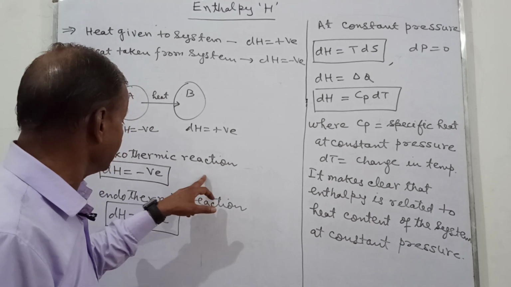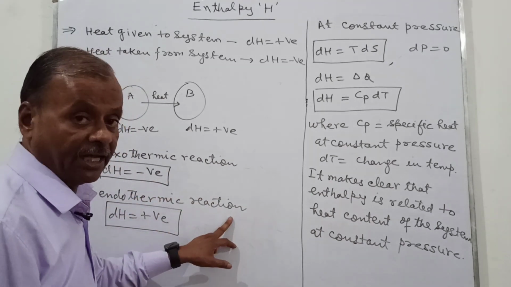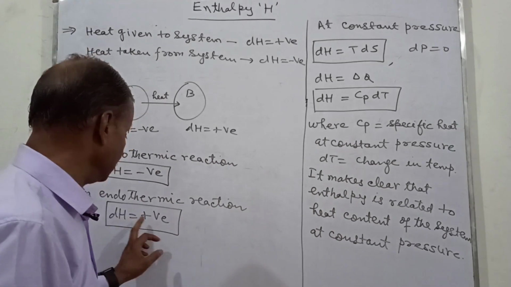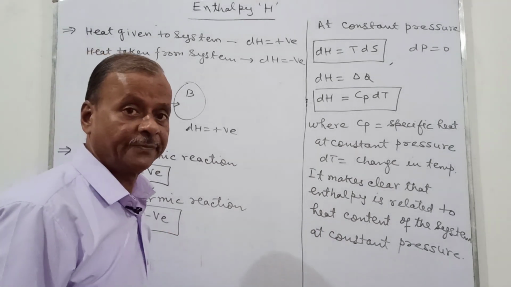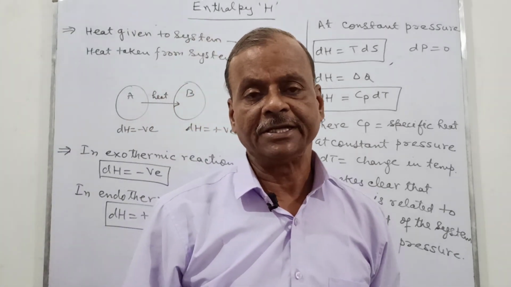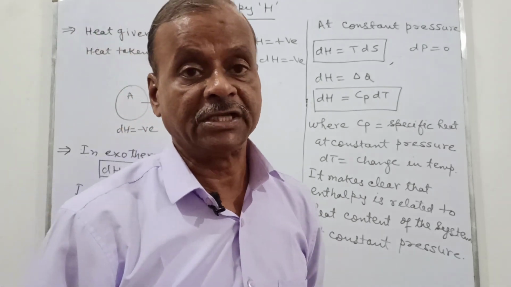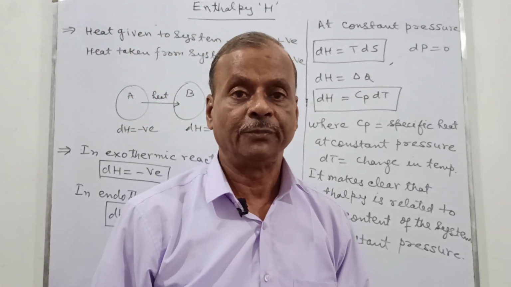So when H decreases, then dH is negative. Here the amount of heat increases, so dH equal to positive. So in exothermic reaction, always heat is given by the system, and in case of endothermic reaction, heat is absorbed by the system. So when the heat is absorbed, then dH equal to positive.